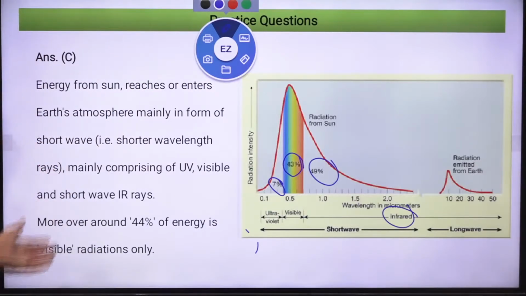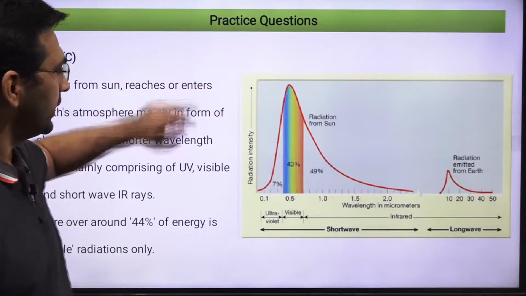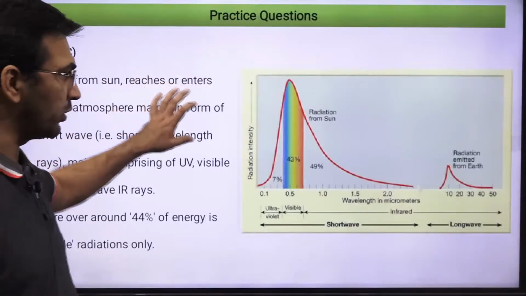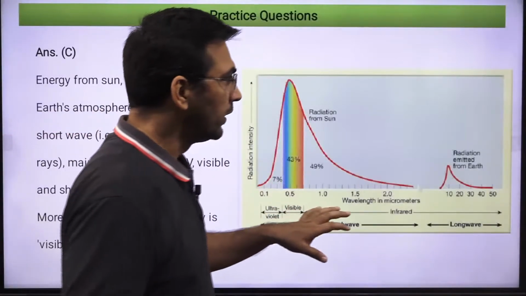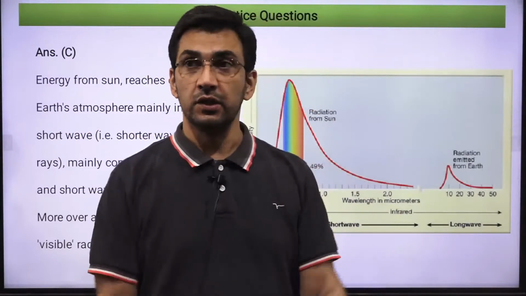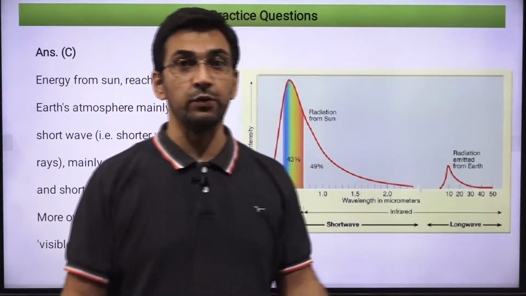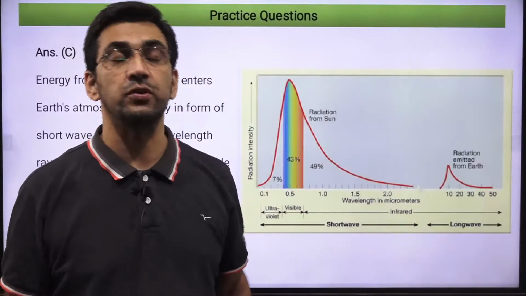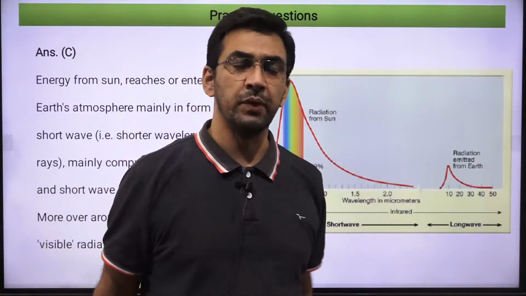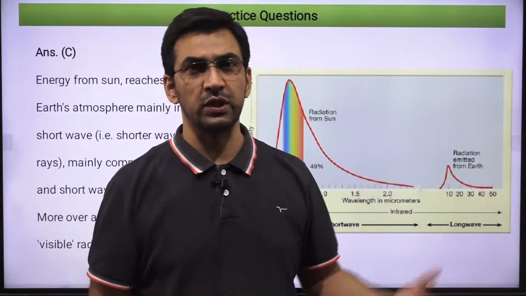So this is factual information that you need to have, but obviously the question can be framed related to it also, because the sun radiates in shorter wavelength radiation as it is a heated body. When it reaches the surface of the earth, the earth gets heated up, but its temperature compared to the sun is too low.